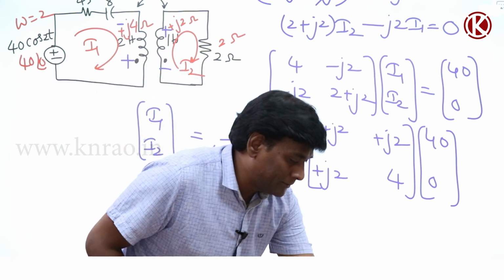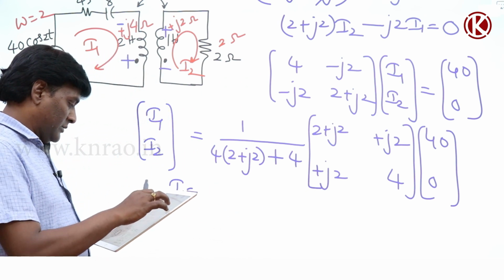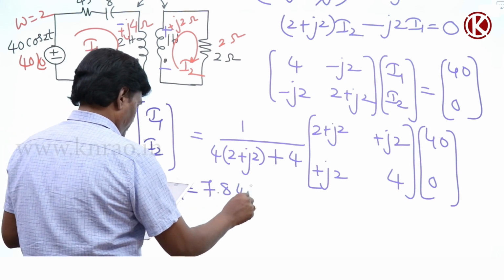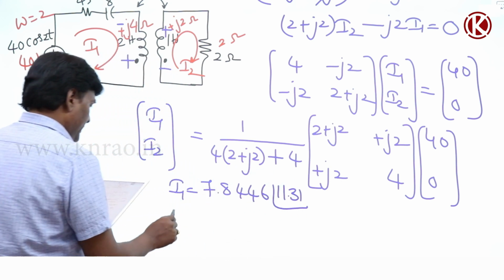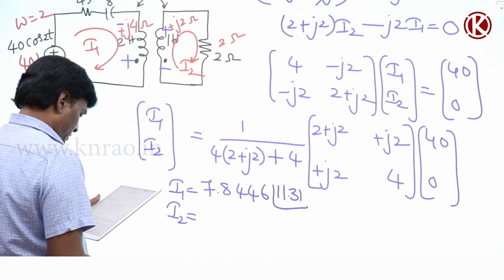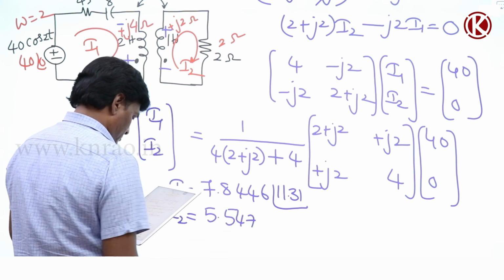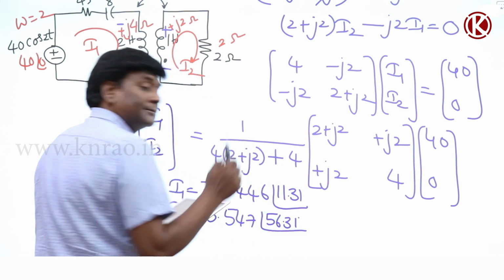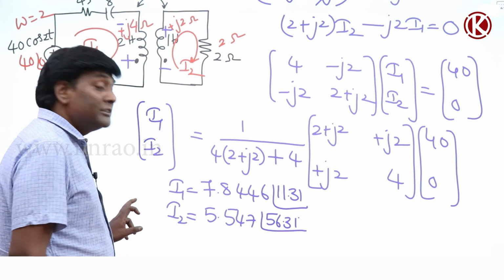I got I1 as 7.8446 at an angle 11.31 and I2 is going to be 5.547 at an angle 56.31 degrees. Okay, so once this is done, you please convert this into time domain.